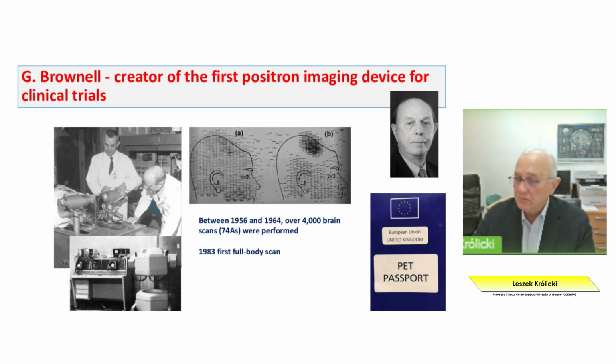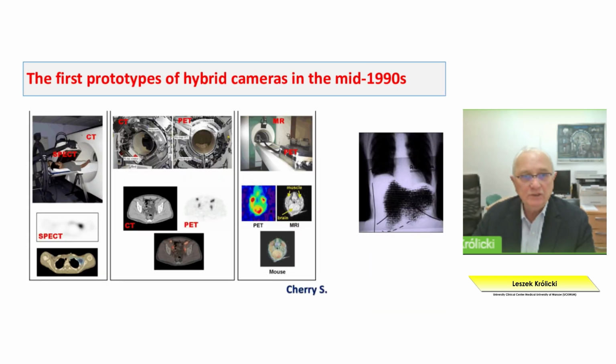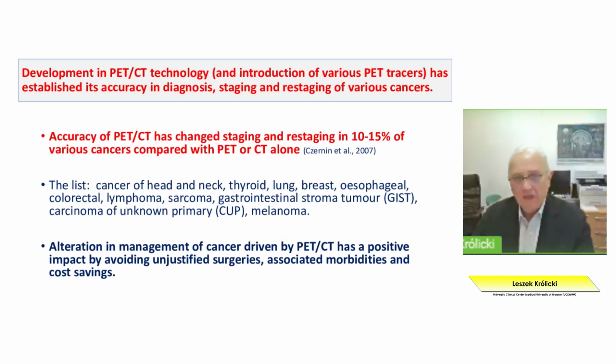Using this first apparatus, more than 3,000 or 4,000 examinations of brain were performed. So these are the first prototypes of hybrid cameras from 1990s. Well, the first anatomo-functional examination is not to be compared with the current technologies.